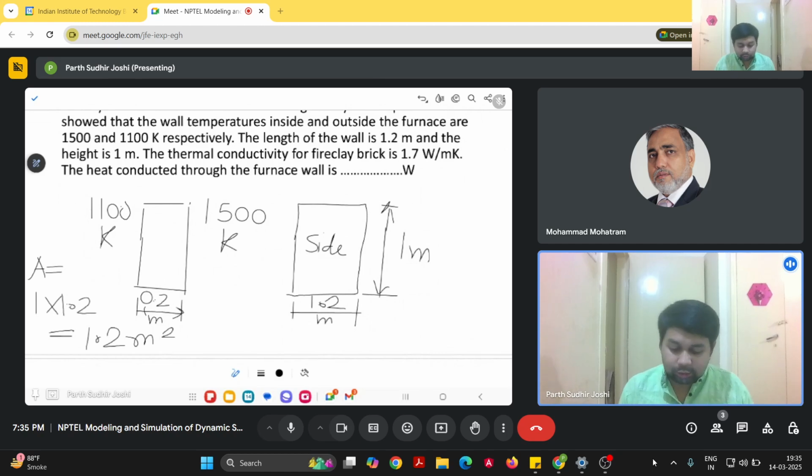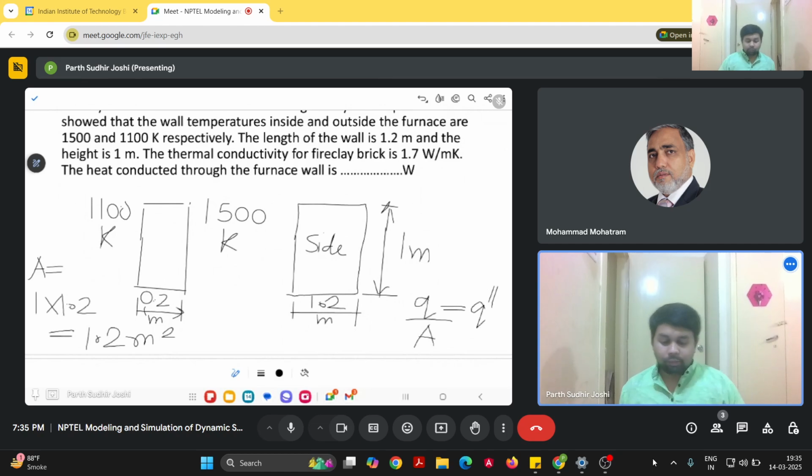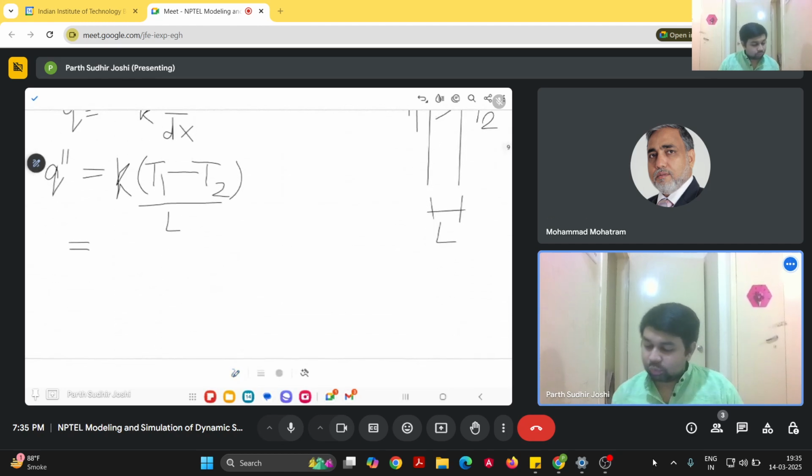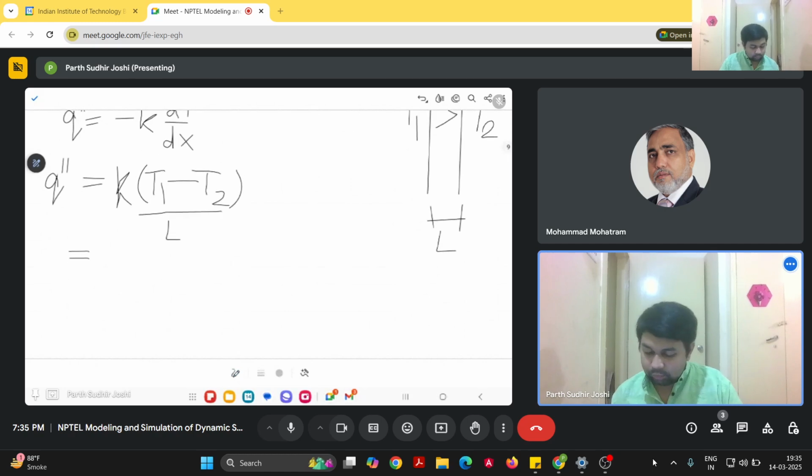So the heat flux will be basically Q by the area, the heat flow. So the heat conducted is something that we need to find. So to find out the heat flow, we will multiply this by area.